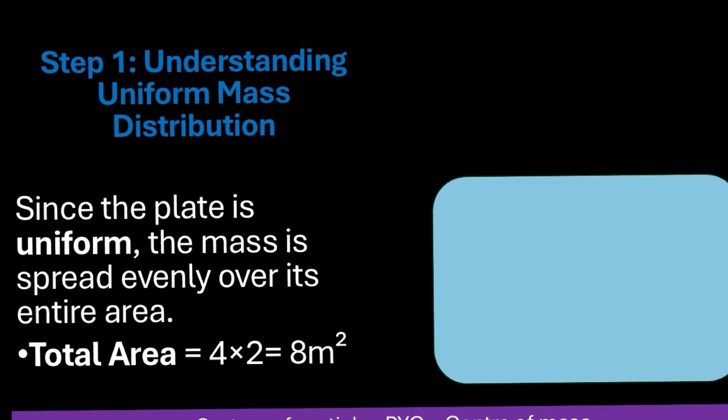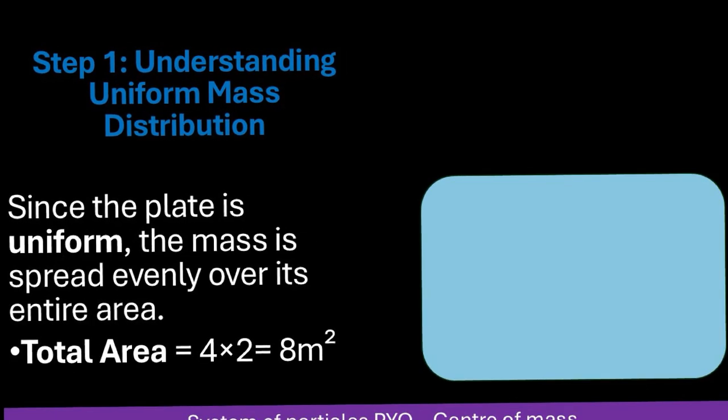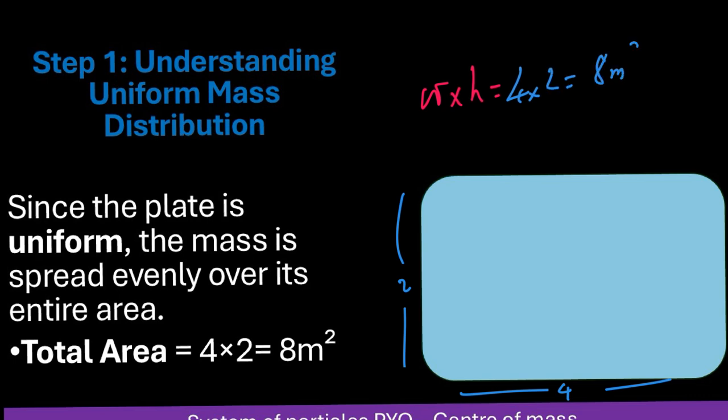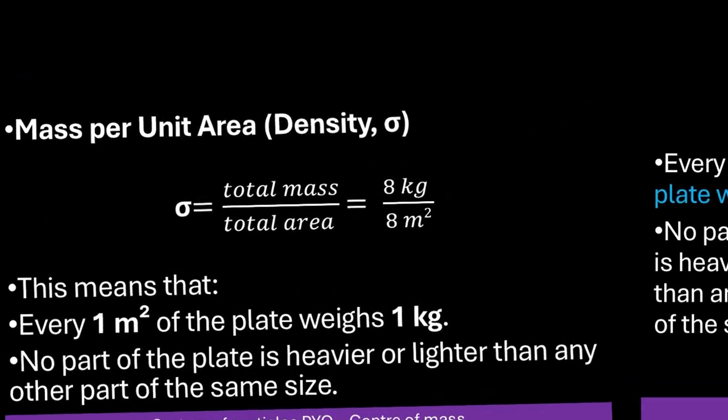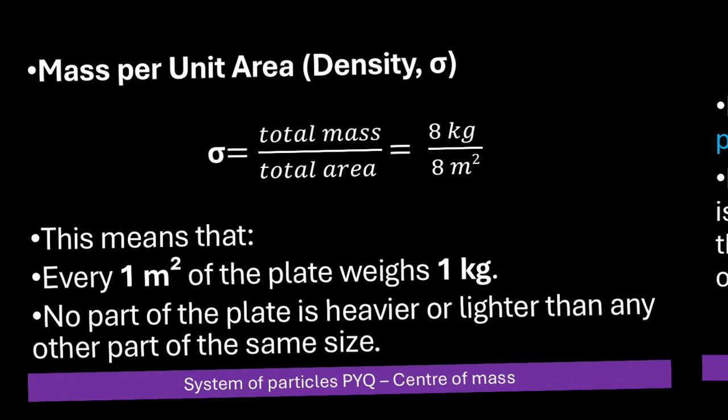In this case, what is the total area? The total area here is width into height, which is 4 into 2 equal to 8 meters square.